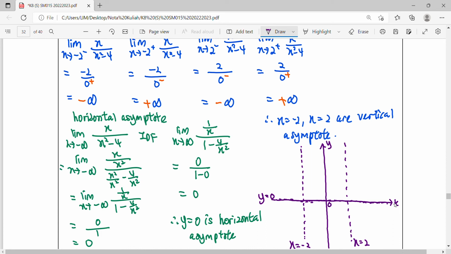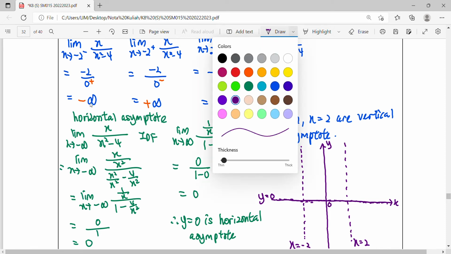Alright. So we already did the part on asymptotes. Now you analyze your result here so that you can know the direction of your graph, so that you know where the curve goes. When your x approaches negative 2, negative 2 means this side, the left side. Your graph is going to negative infinity. So your graph is going down.